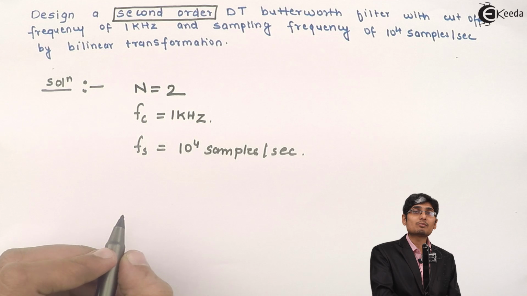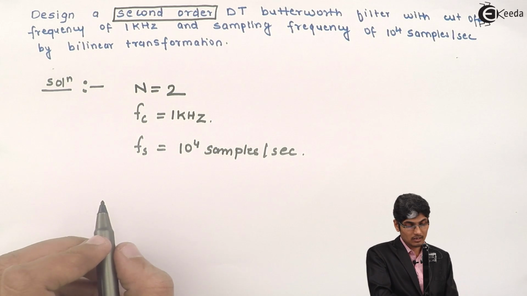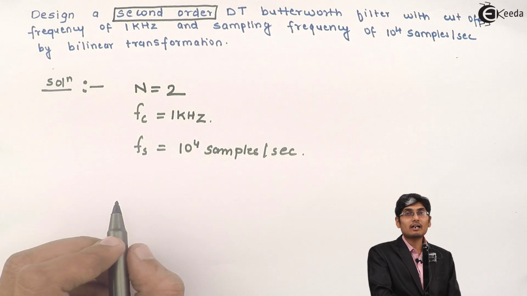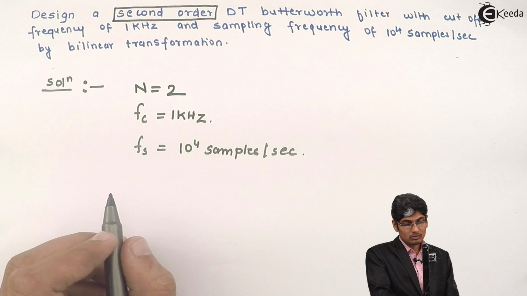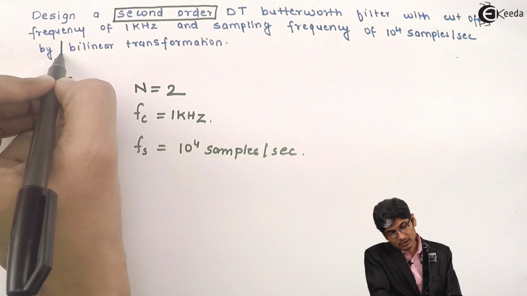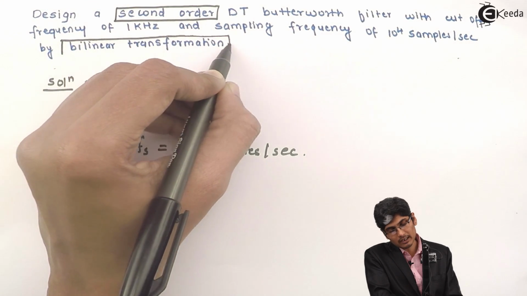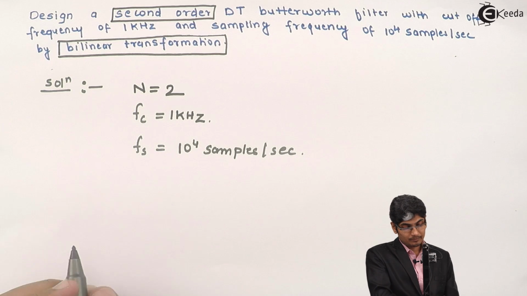So the complete specification given here is with respect to analog frequency, and then they are asking us to design a digital filter. Now, to convert from analog to digital, the mapping technique to be used is mentioned in the problem as bilinear transformation. So this has been stated in the problem.